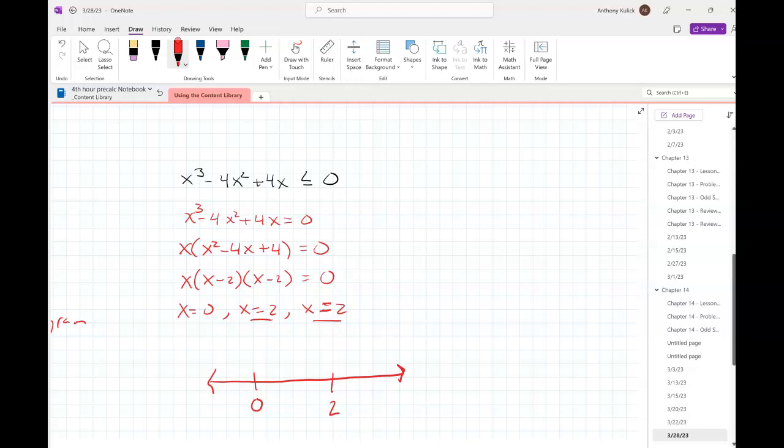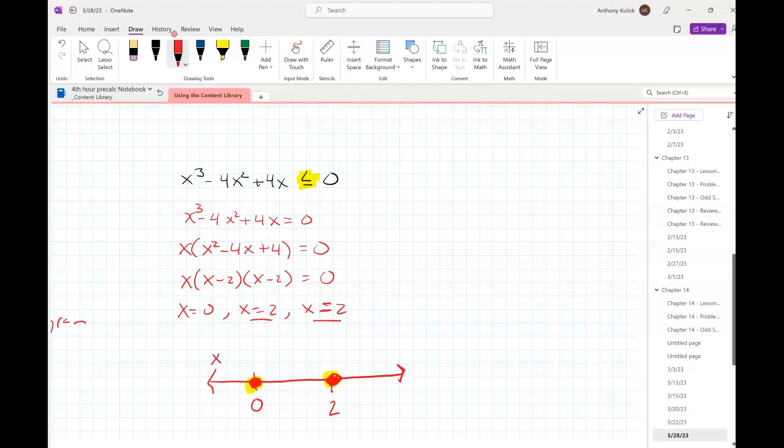Should I use an open circle or a filled circle for these? Closed. Why did I do that? Yeah, because it's less than or equal to. That's why we get filled circles this time.